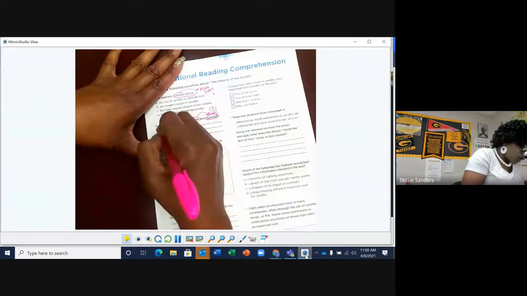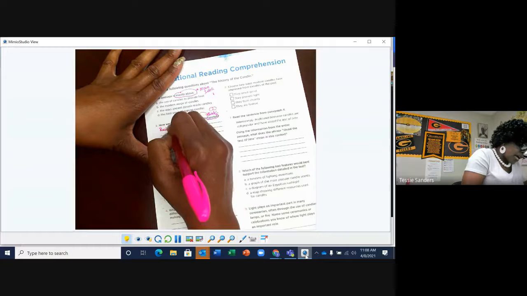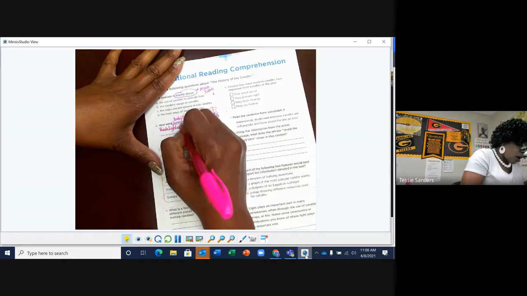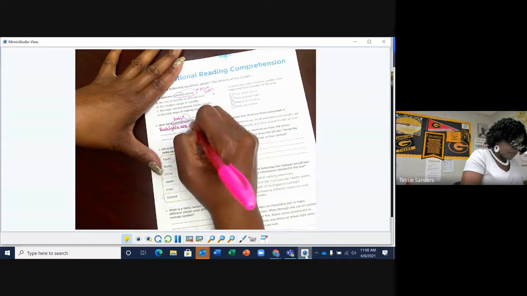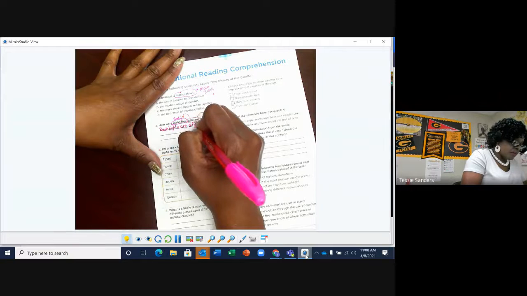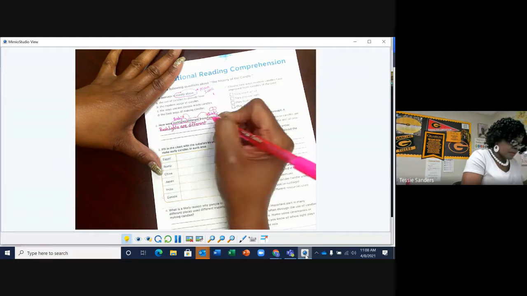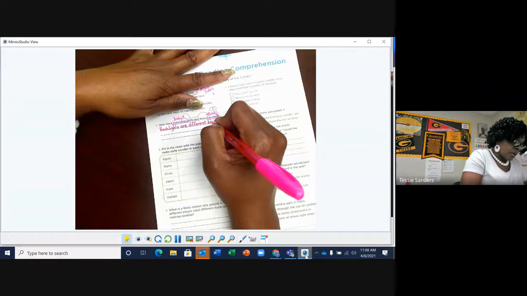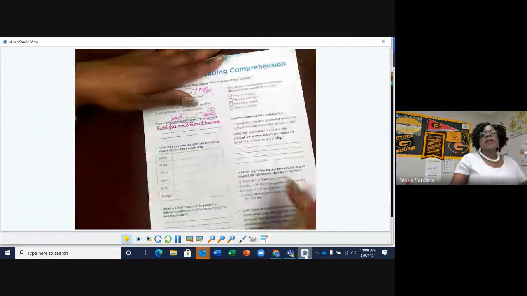Oh, good. Capital R, rushlights are different because, do not write past the line.